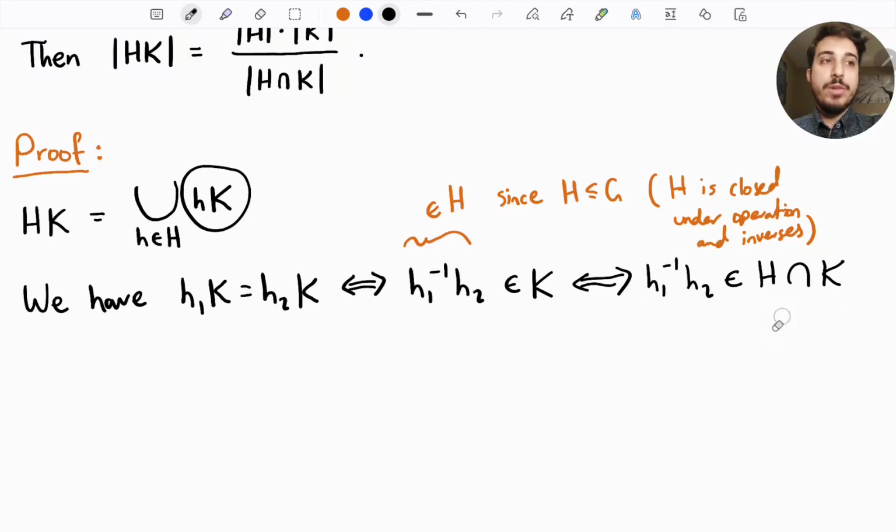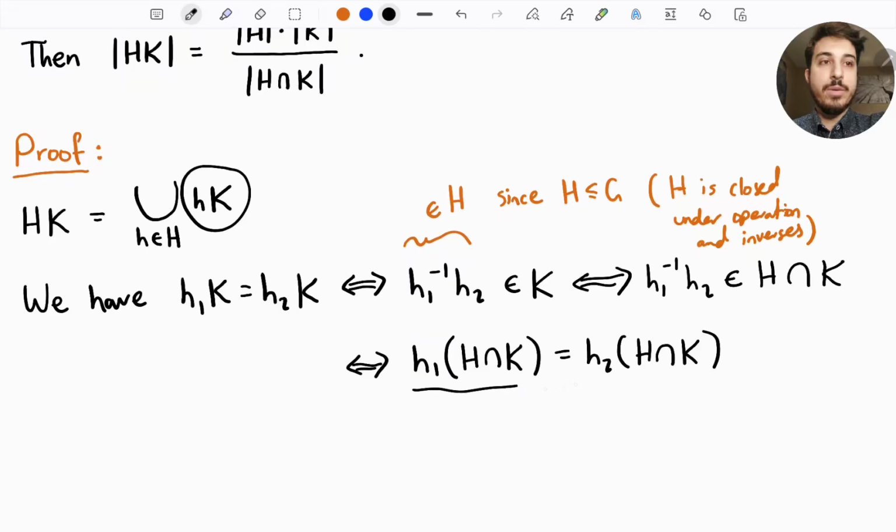And now we use the definition of the coset, but the coset this time is H intersecting K with h1 and h2, to say this is if and only if h1(H ∩ K) is equal to h2(H ∩ K). So these two are now the equal cosets based on this verification here.